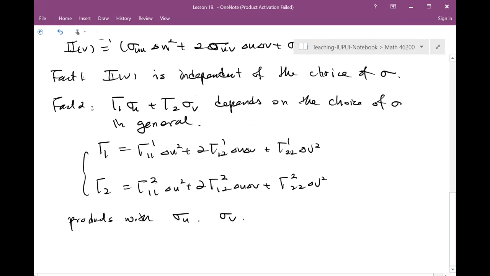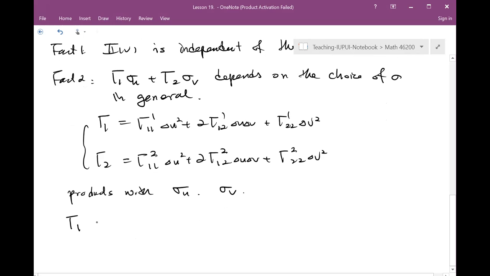So then gamma 1 sigma u dot sigma u will be E. Gamma 2 sigma u dot sigma v is going to be F. And the other side will be sigma UU dot sigma U, right?